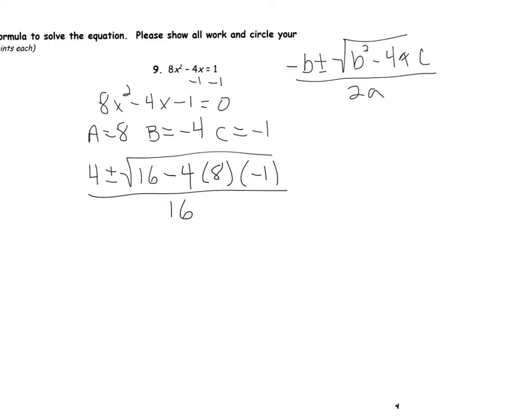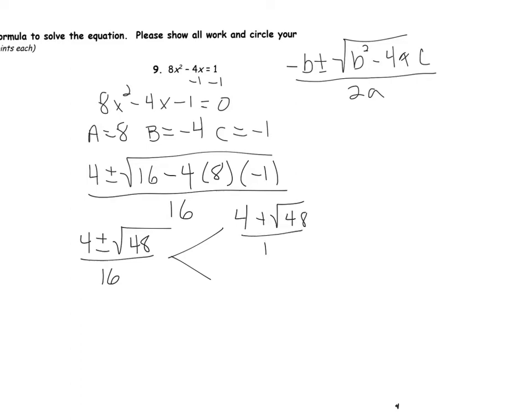So this is going to be 4 plus or minus the square root of 48 over 16. And then I would split this, and I would do 4 plus root 48 over 16, and I would do 4 minus root 48 over 16 to get my two answers.